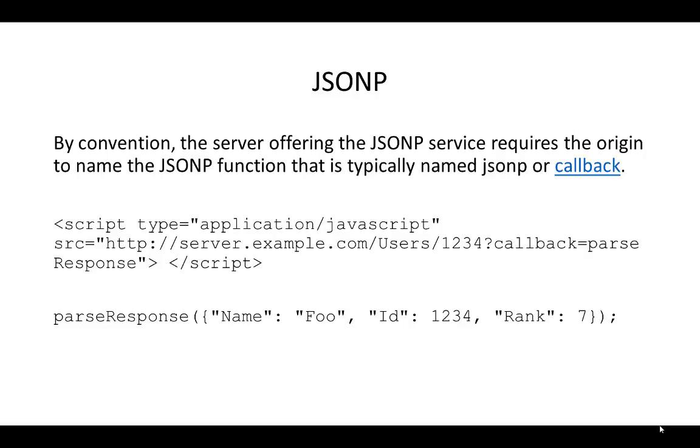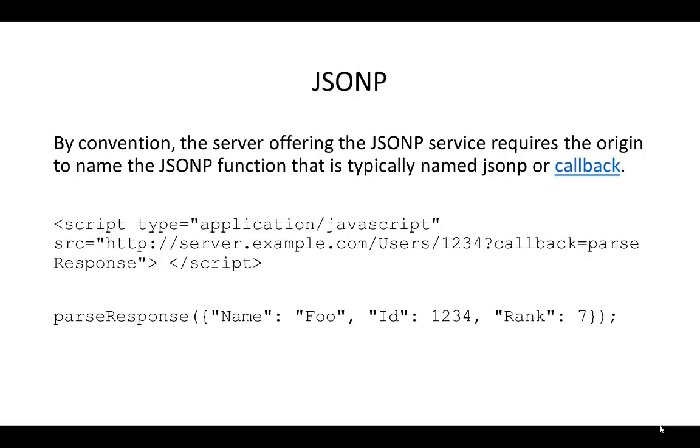So in this case, there's a convention that the server offering the JSON-P service lets you name the JSON-P function, typically named JSONP. So basically, you have a function here.